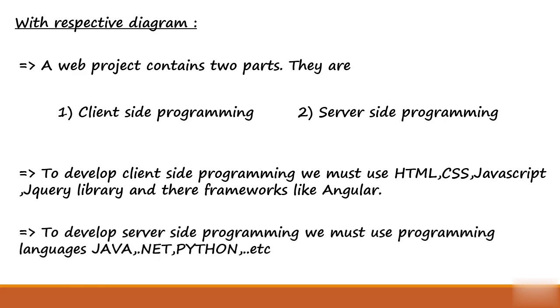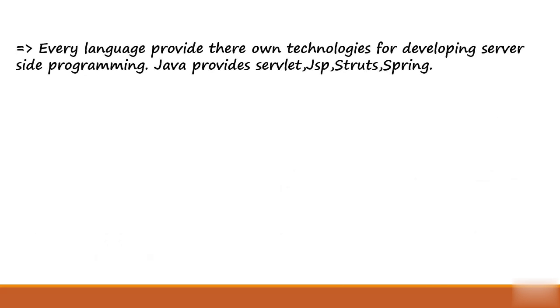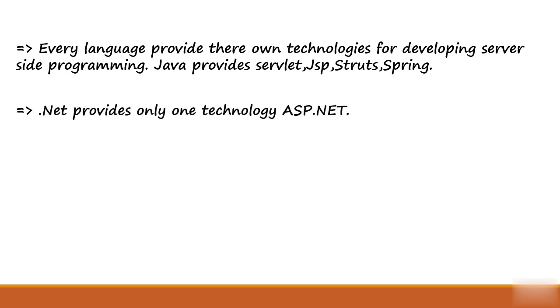To develop server-side programming, we must use programming languages like Java, .NET, Python, PHP, etc. Every language provides its own technologies for developing server-side programming. Java provides Servlet, JSP, Struts, Spring. Servlet and JSP are technologies and Struts and Spring are frameworks. .NET provides only one technology called ASP.NET.